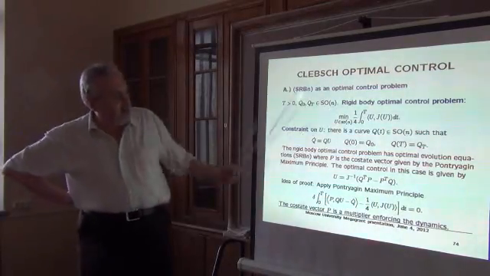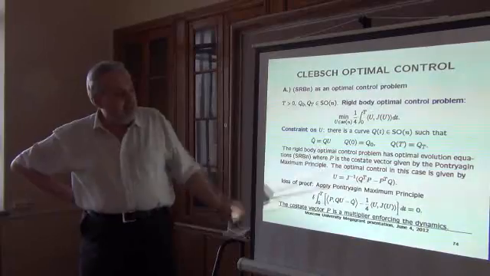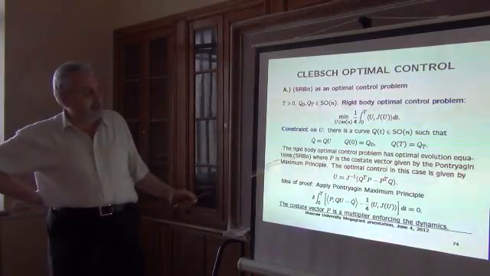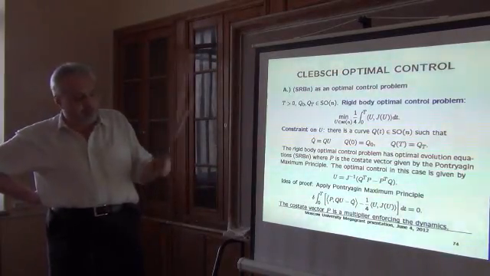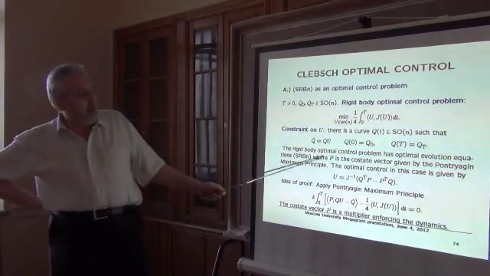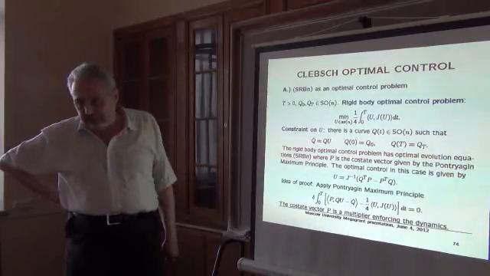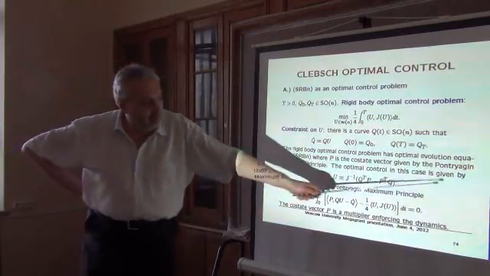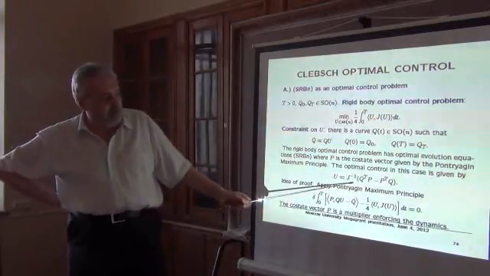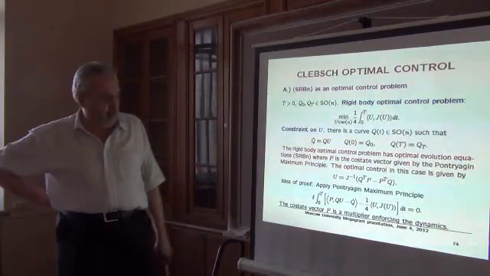This rigid body optimal control problem has its optimal evolution equation, a certain equation that I'll show you in a moment, where P is the constant vector given by the Pontryagin maximum principle. And the optimal control in this case is given by U equal to J minus 1 of (Q transpose P minus P transpose Q).